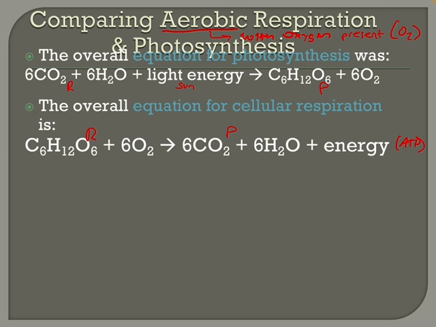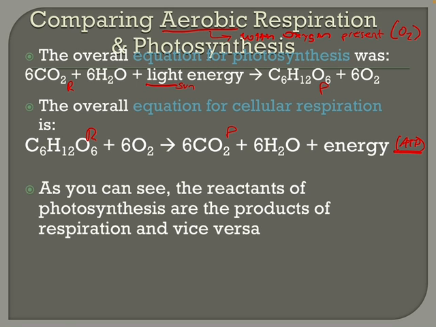First difference is that the reaction is flipped, right? So the products in photosynthesis are your reactants in respiration. Your reactants in photosynthesis are your products in respiration. That is your first difference. They are flipped. The second difference is that the energy source is different. In photosynthesis, you get your energy source from the sun as light. But in respiration, you get your energy produced as ATP. Okay, so that's the other difference.